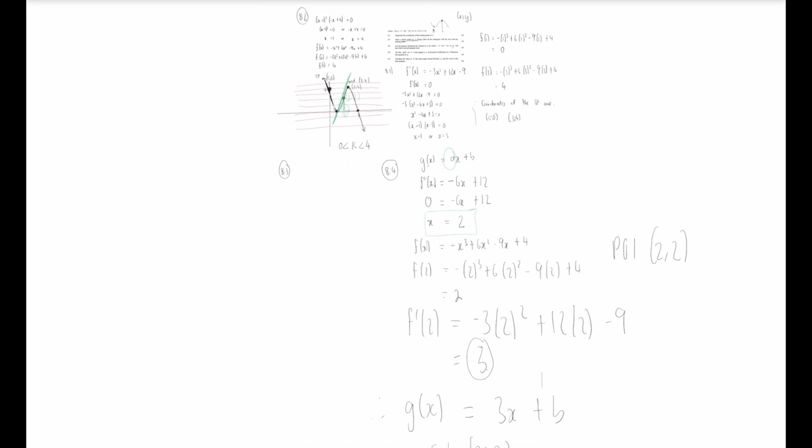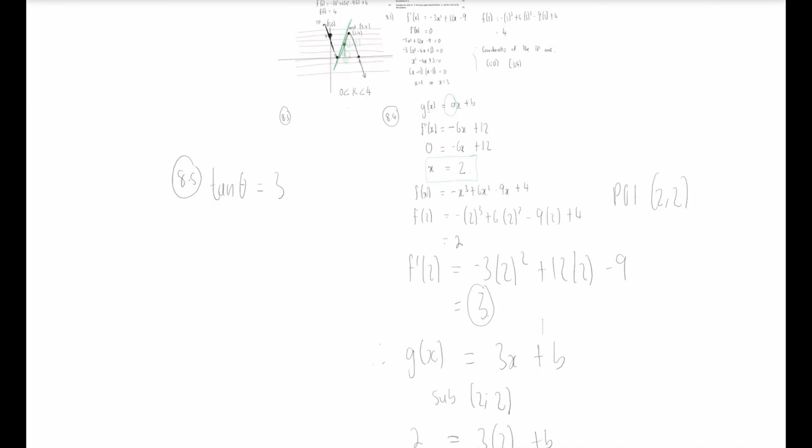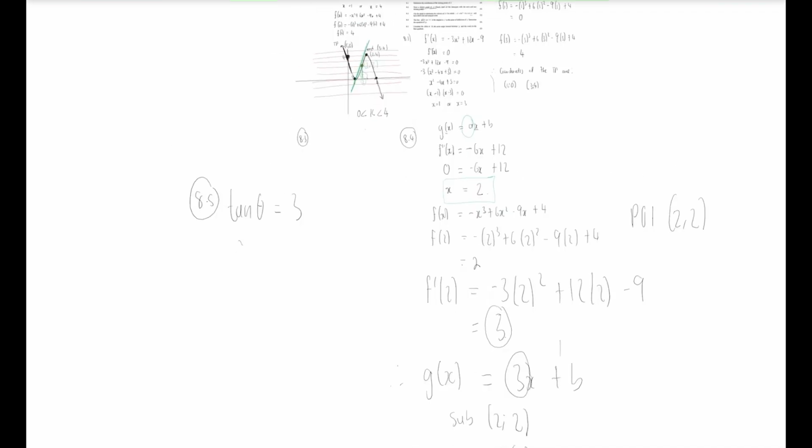So for 8.5, tan theta is going to equal 3, which is the gradient of g. Therefore theta is going to be arctan 3, which is 71.57 degrees.